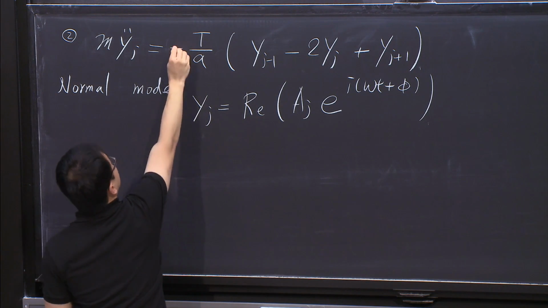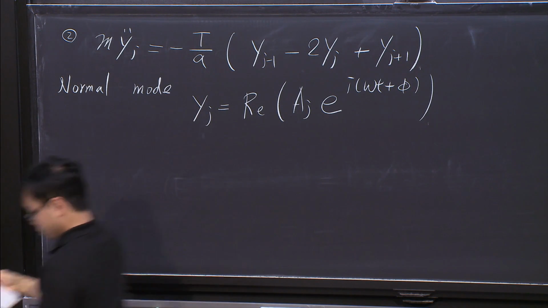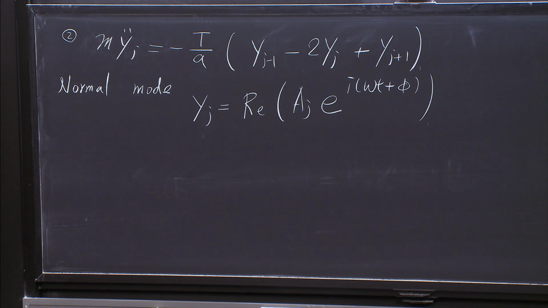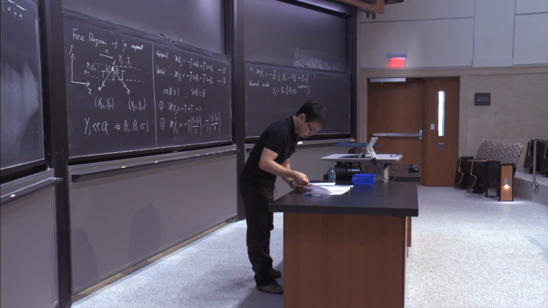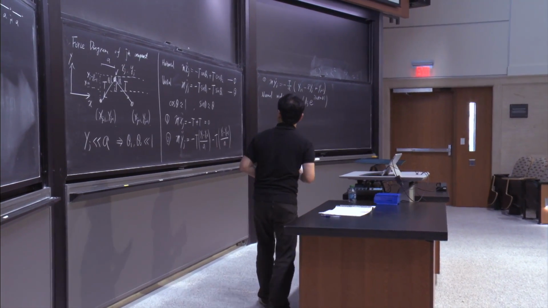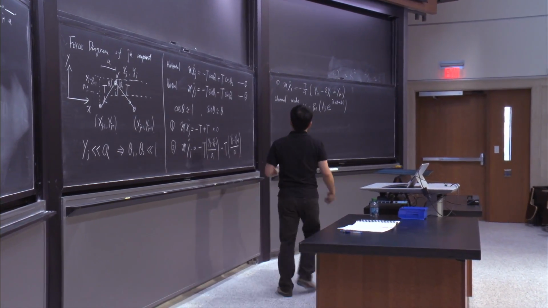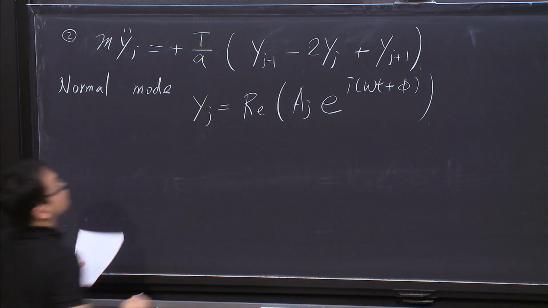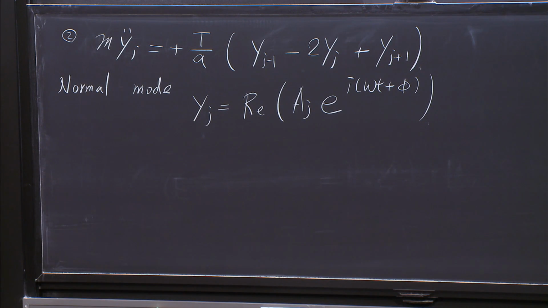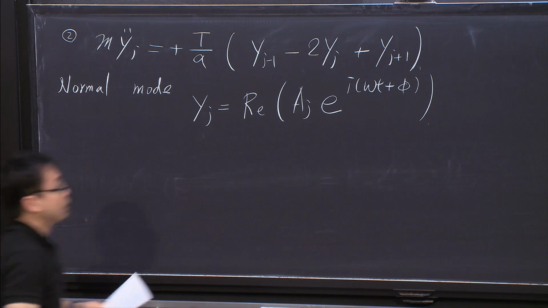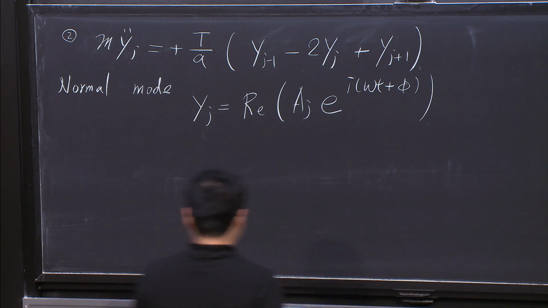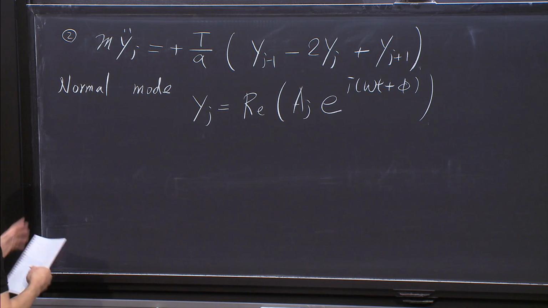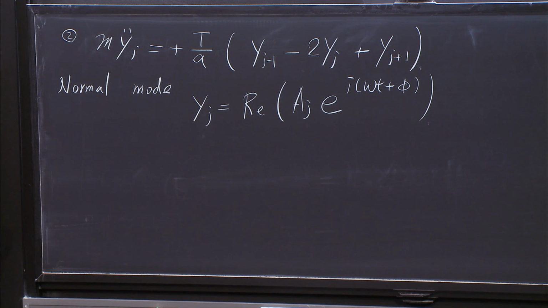Here? Okay, maybe I made a mistake somewhere. Yeah, I think it should be plus, right? Okay. All right. Thank you very much. So now we have all the ingredients, and we assume that it has a normal mode of aj, yj in this functional form.